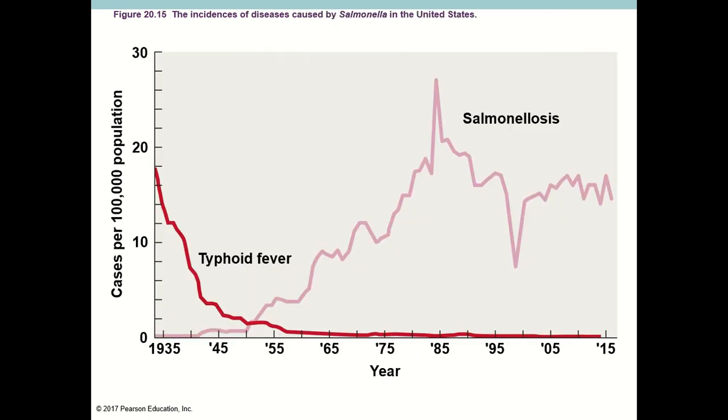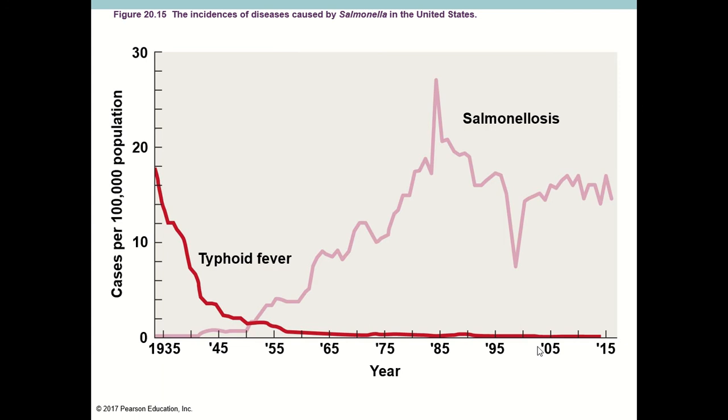So we're looking at the incidence of both typhoid fever and salmonellosis. Typhoid fever has come down to very low levels from 1935, even before 1935, all the way to 2015, so close to 0 cases.